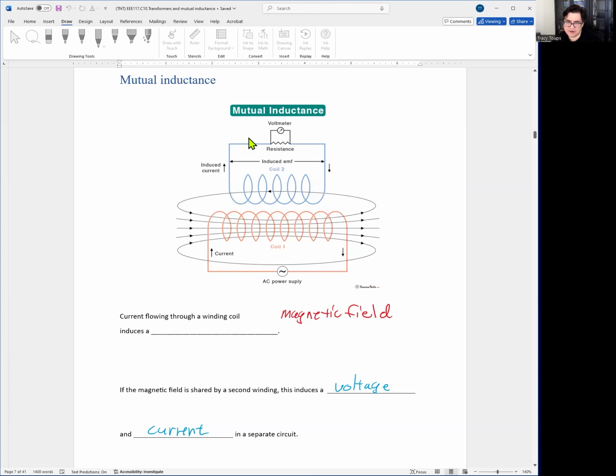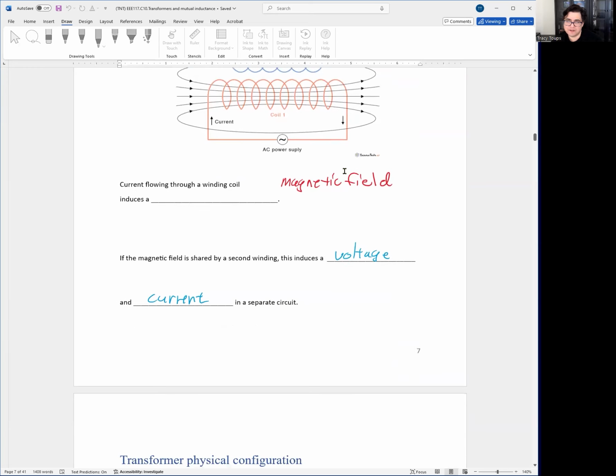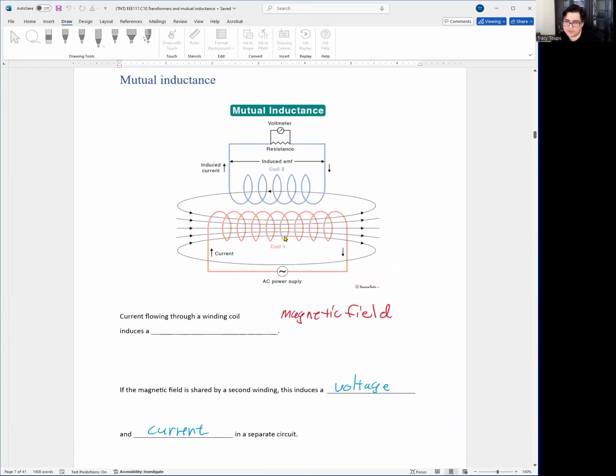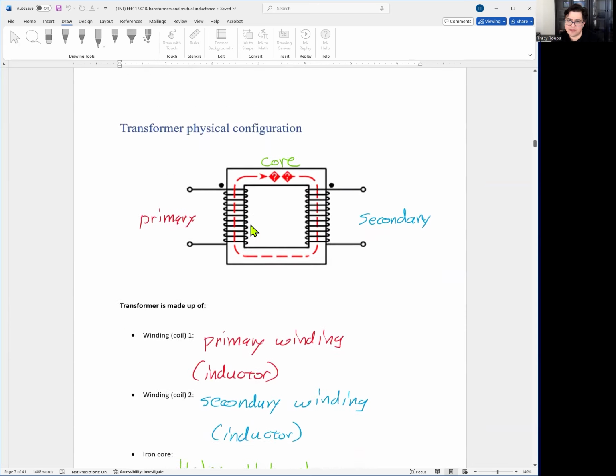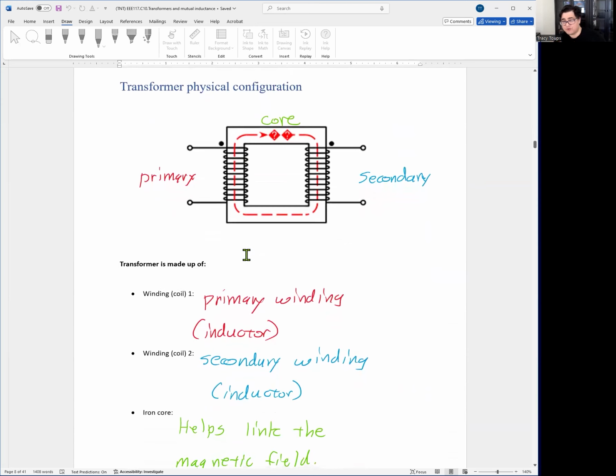And then your secondary current goes through, and there's a resistor here as a load. Okay. So a big takeaway is two inductors close by will share a magnetic field, and then the energy will jump across the magnetic field to the second side. Okay. So let's talk about transformers. Let's use this property and change voltage levels.